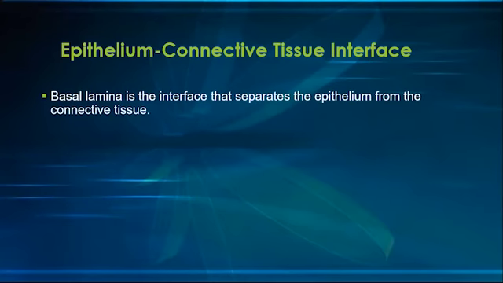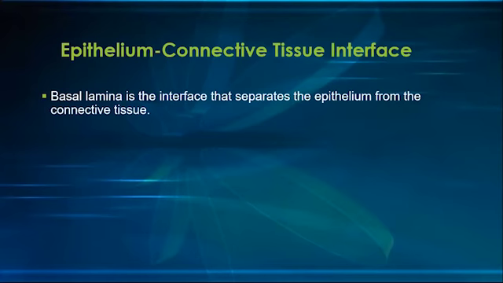Then we have another topic that is known as the epithelium connective tissue interface. ठीक है, तो अभी तक जो हमने पढ़ा था सेल जंक्शंस, बेसिकली हमने पढ़ा था कि जो एपिथेलियल सेल्स हैं उनके दरमियान जो एसोसिएटिंग स्ट्रक्चर हैं, those are the cell junctions. ठीक है, अब एपिथेलियम के नीचे एक लेयर होती है, that is the layer of the connective tissue that is joining the structure that is present below the connective tissue with the epithelium. ठीक है?